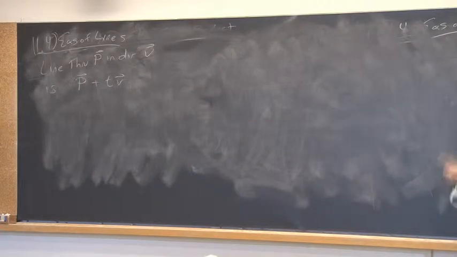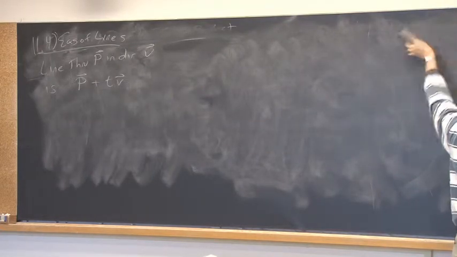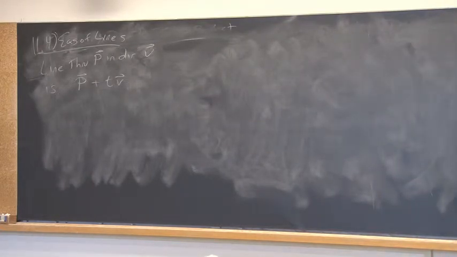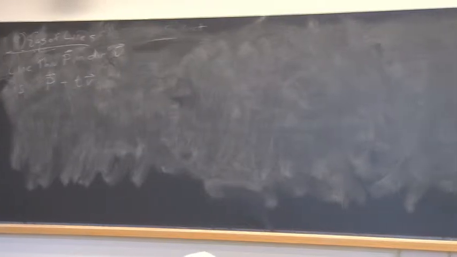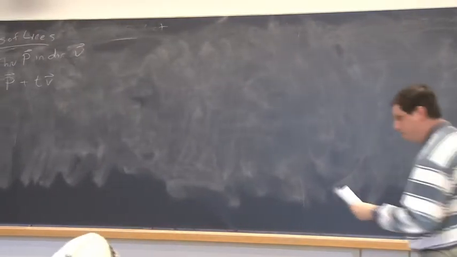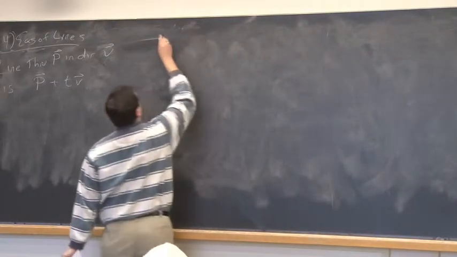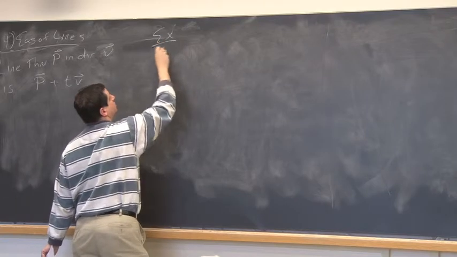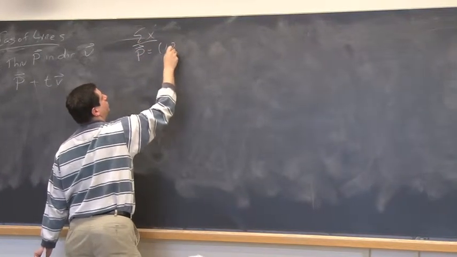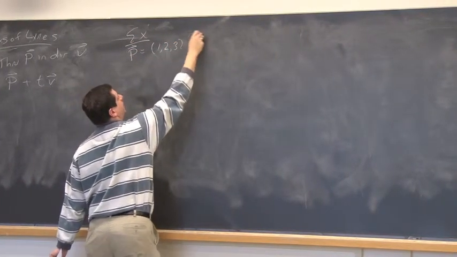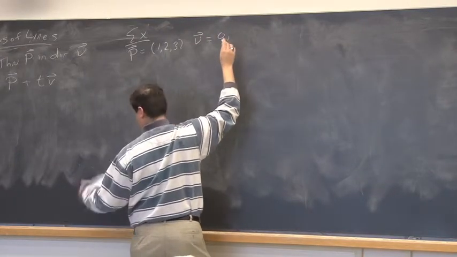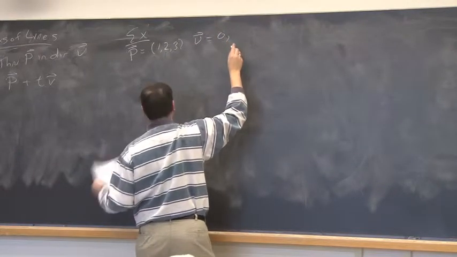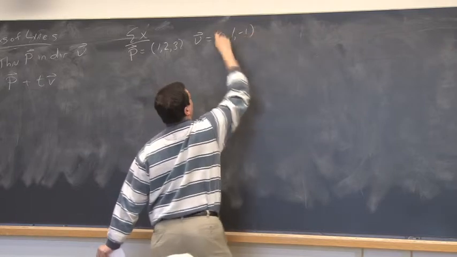Okay. So what I want to do now is do 2 examples of just calculating equations of lines, just to make sure everything is good. And I'll use the same example as in the 10 o'clock. So let's let P be the vector 1, 2, 3, and V is the vector 0, 1, negative 1.